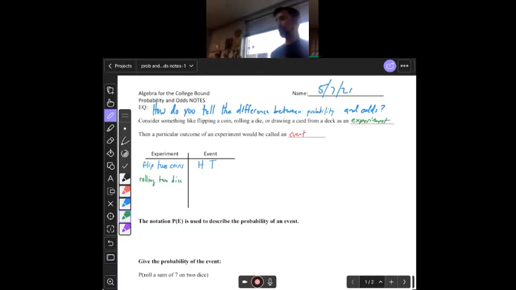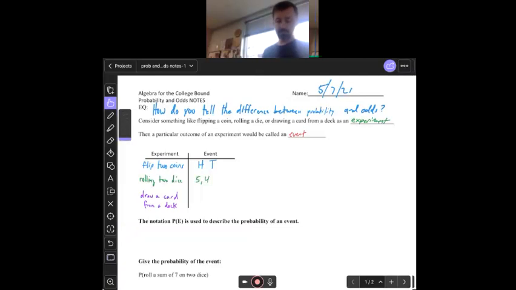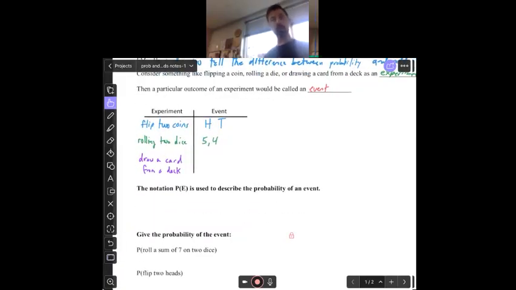What's something that could happen? Five and 4. Okay. What if the experiment is to draw a card from a deck? What's an event? 4 of hearts. Okay.